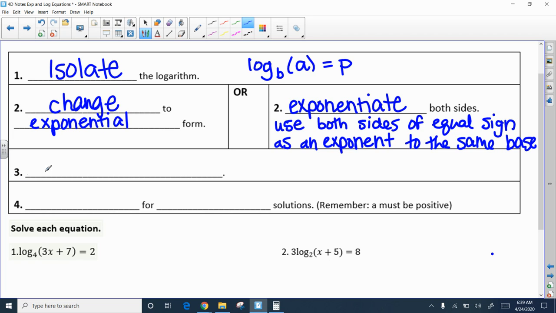All right, then step 3, we should be able to solve for x. And lastly, we need to check for extraneous solutions.